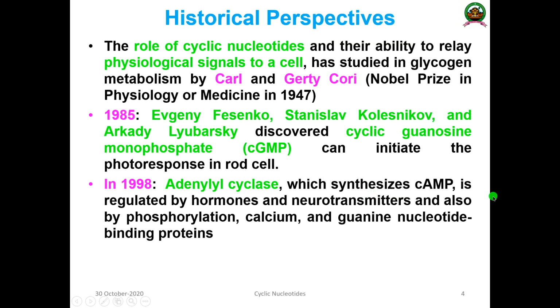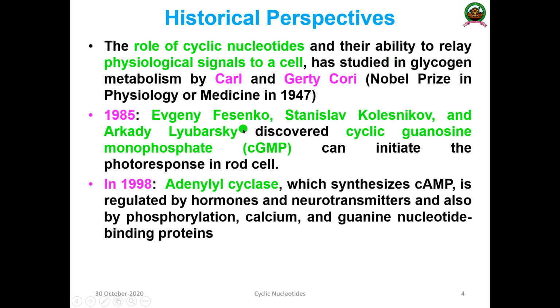A lot of studies have been conducted on cyclic nucleotides, their proposed mechanisms, and their interactions in biological function in biochemistry. The role of cyclic nucleotides and their ability to perform physiological reactions, especially physiological signals in a cell, was studied in glycogen metabolism by two scientists, Carl and Gerty Cori. For this study, they were awarded the prestigious Nobel Prize in 1947.